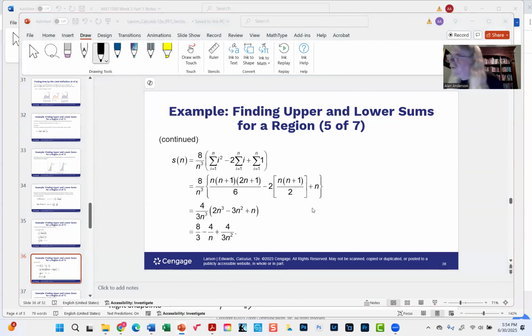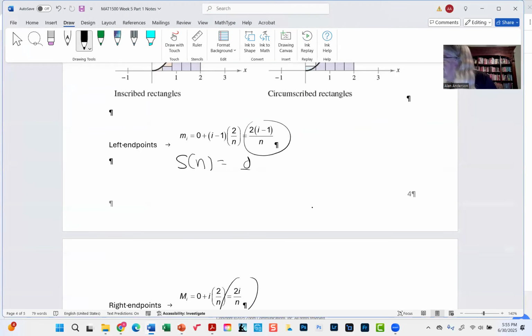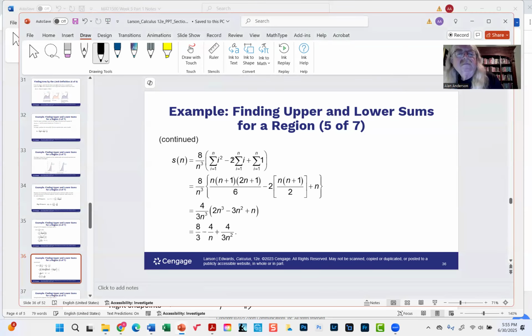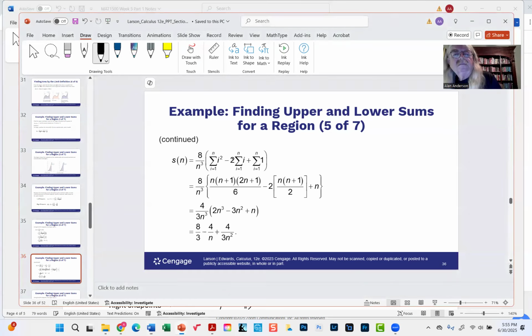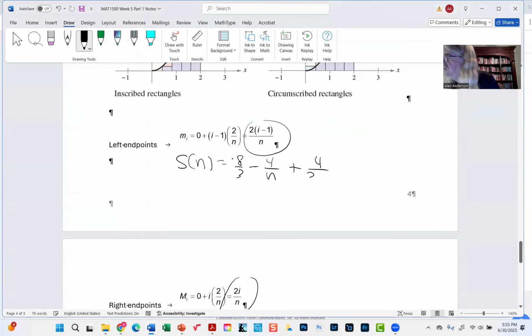It's just 8/3 minus 4 over n plus 4 over 3n squared.